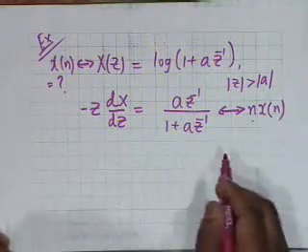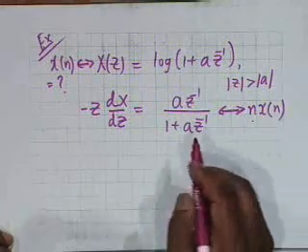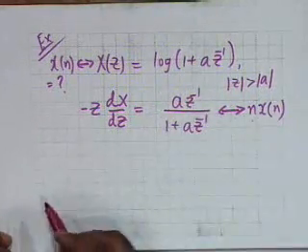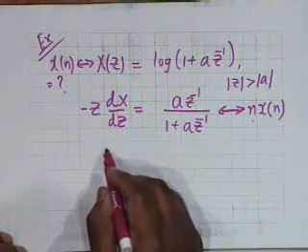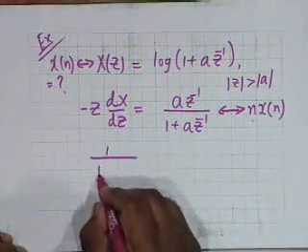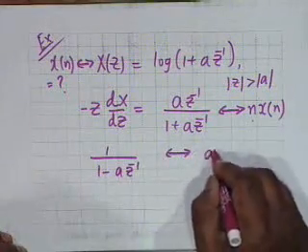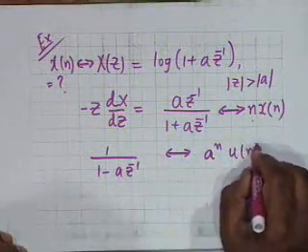Now, how do we find the inverse Z of this? We proceed step by step. We know that 1 by 1 minus a Z inverse is the Z transform of a to the n u of n.